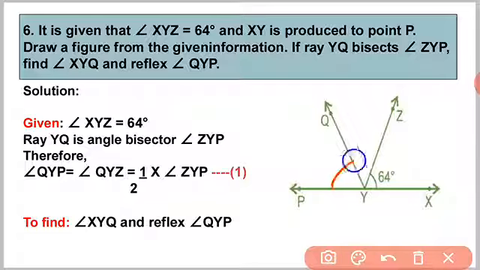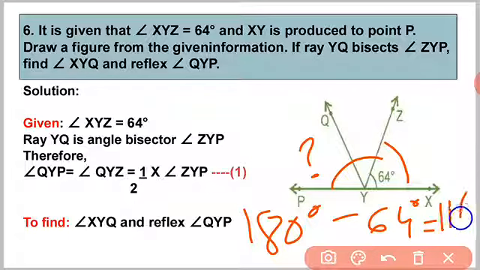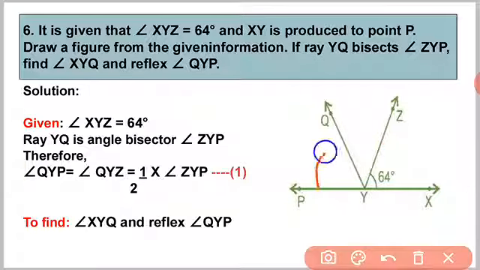So this angle and this angle make a linear pair. So how much will be this angle? Yes, it will be equal to 180 degrees minus 64 degrees. So we get 116 degrees. That means angle ZYP is equal to 116 degrees.